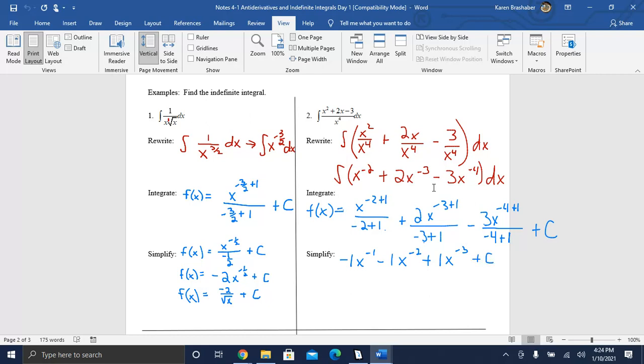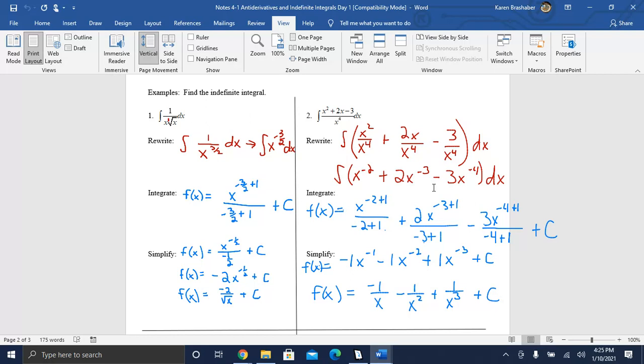And then if we write it without negative exponents, and again, this is f of x. So f of x will equal negative 1 over x minus 1 over x to the second plus 1 over x to the third plus c.